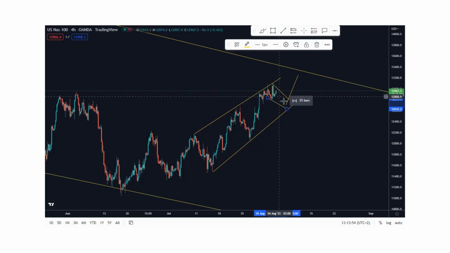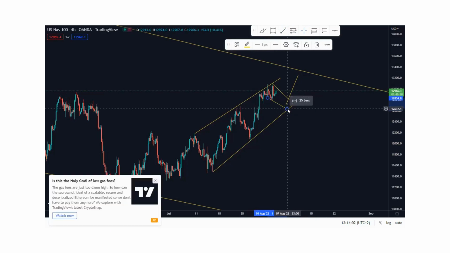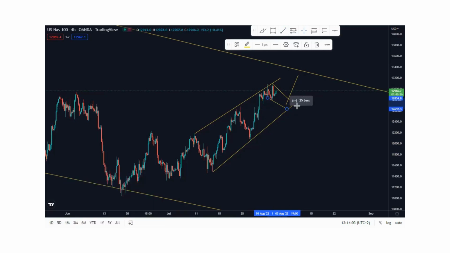If it turns into a continuation pattern, then I know that's where I will enter my first trade, a risk entry. Then I'll wait for it to break, come for a retest, then I'll be going up with it.